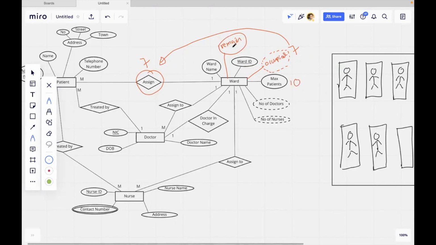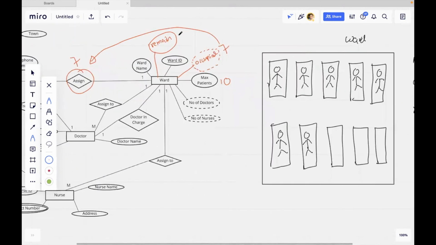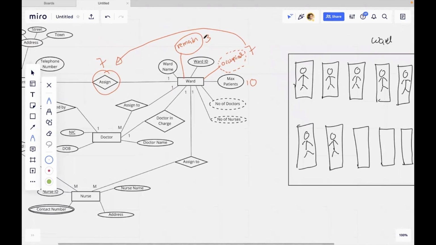As well as remaining. Okay, remaining is 3. That 3 also can be calculated. Not directly, but indirectly you can calculate it, because you have the max patients, and you have how many patients are currently occupied. 10 and 7 are available. You can calculate this 3 by 10 minus 7.